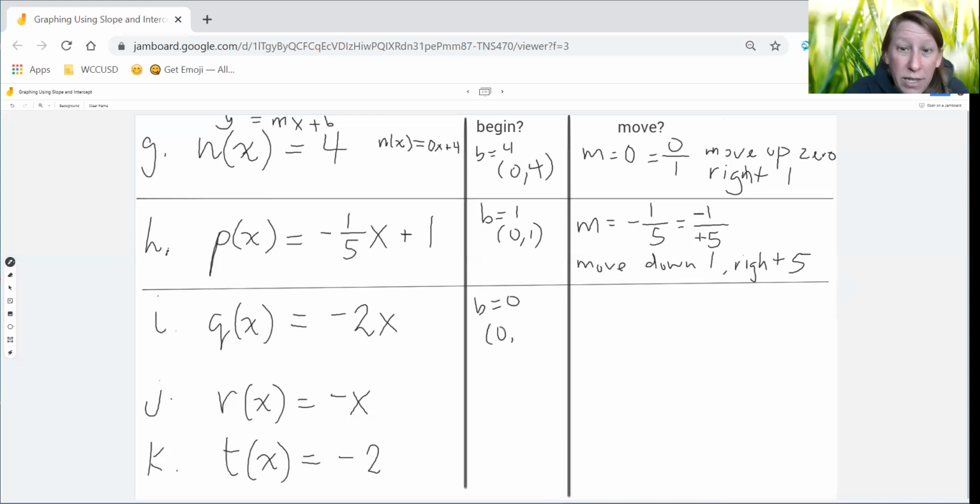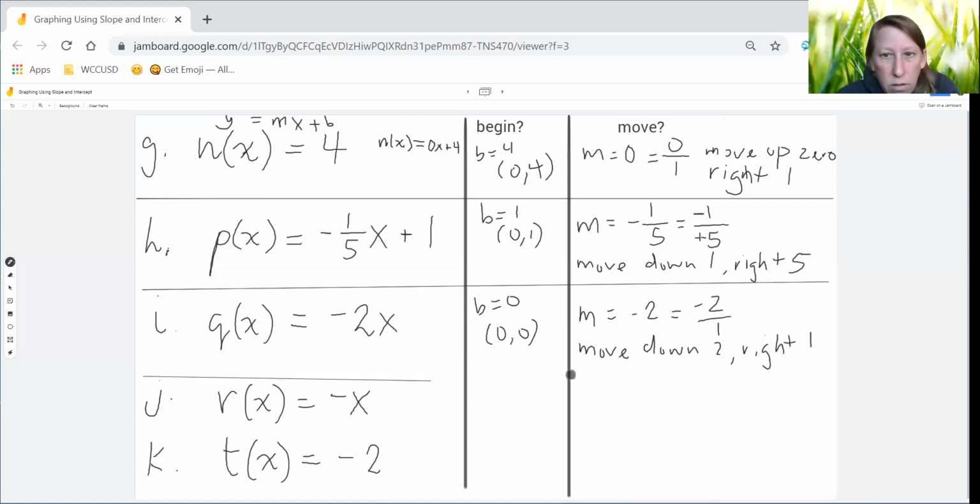So we are going to begin right at the origin, right at 0 for x and 0 for y. Okay, what's my moving directions? I'm going to move -2/1. That's my slope. That's my rate of change. So where am I going to go? From 0, 0, I'm going to move down 2 and right 1.